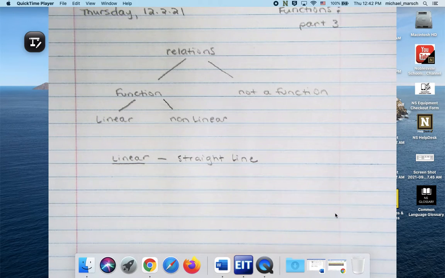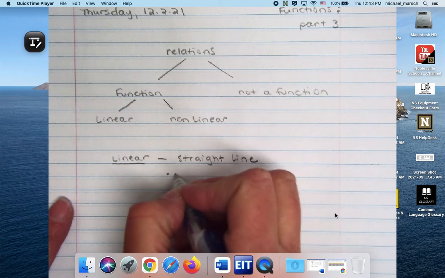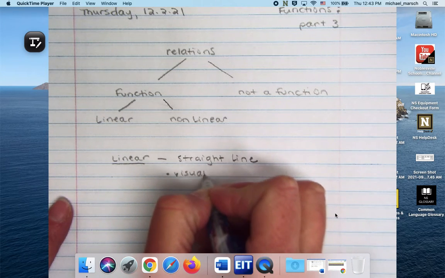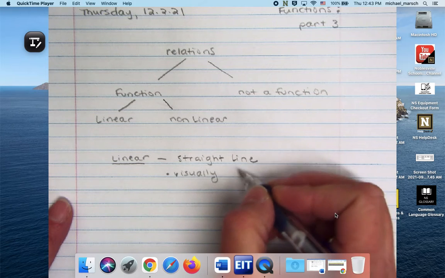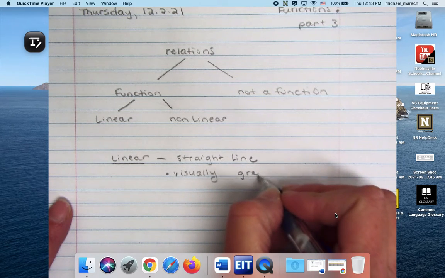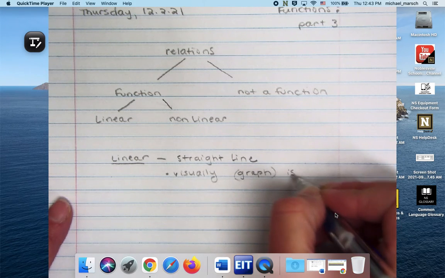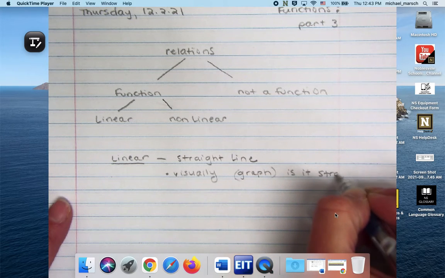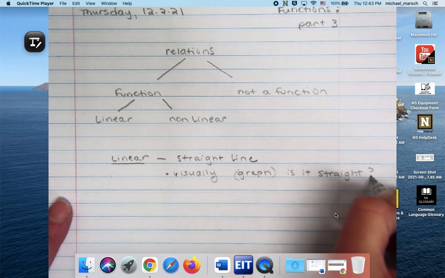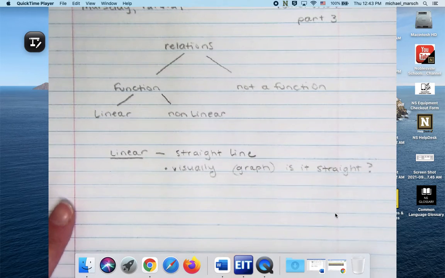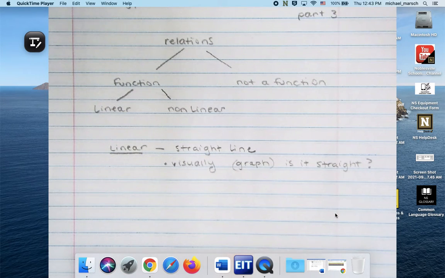There's two ways to decide if something is linear. Visually, which you would look at a graph. Right? Meaning whatever we write, whatever we actually put on the graph, which we're going to use our red pencil for, is it straight?